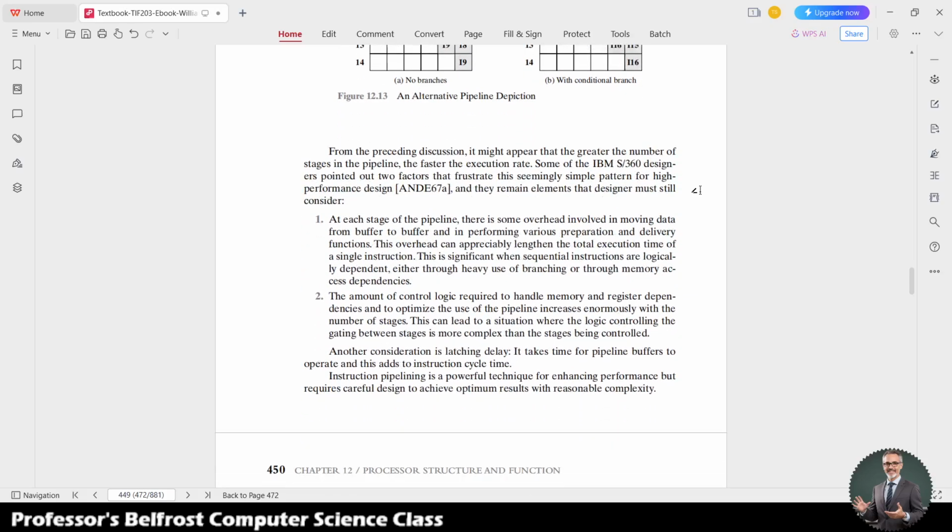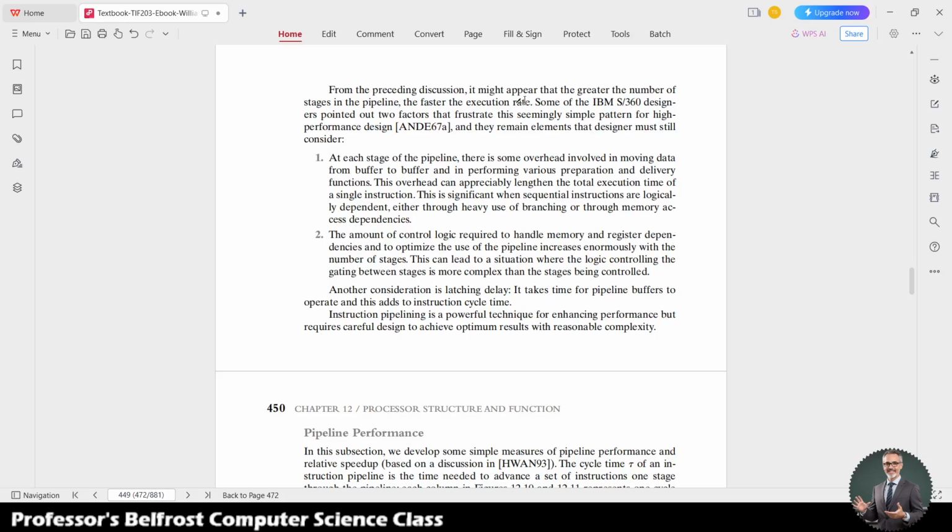And after what we have discussed so far, there remain elements that designers still need to consider. First, at each stage of the pipeline there is some overhead involved, in moving data from buffer to buffer and in performing various preparation and delivery functions. This overhead can appreciably lengthen the total execution time of a single instruction.